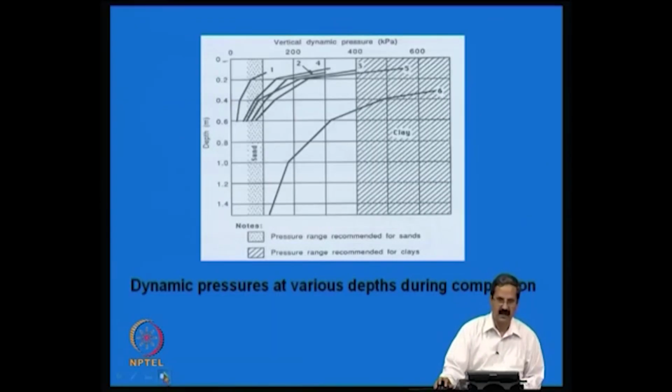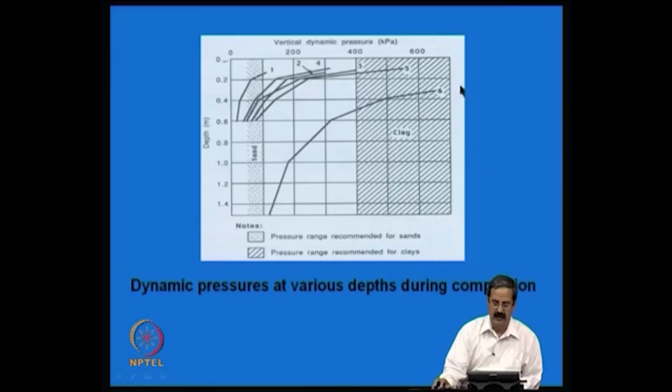The advantage here would be that, whether it is a clay or sand, one should remember that the dynamic pressures induced into the system are different depending on the type of material. For example, in the case of sand, the vertical dynamic pressures induced are less, and in the case of clays it is going to be higher.